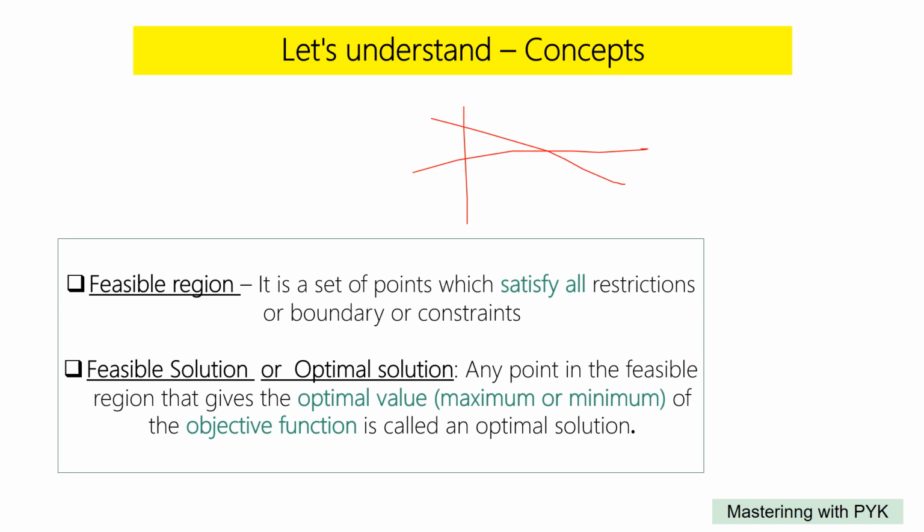So this is my feasible region, right? And we'll ignore anything beyond this, right? And there would be only one point which will be available either as a maximum or a minimum solution.